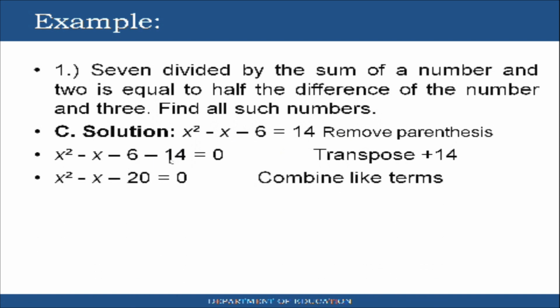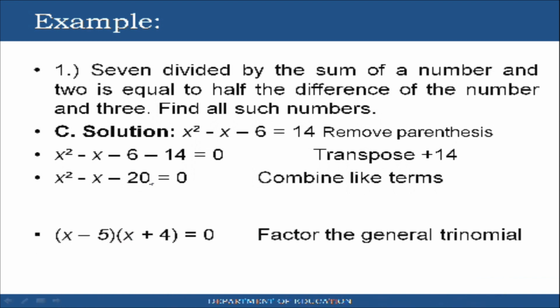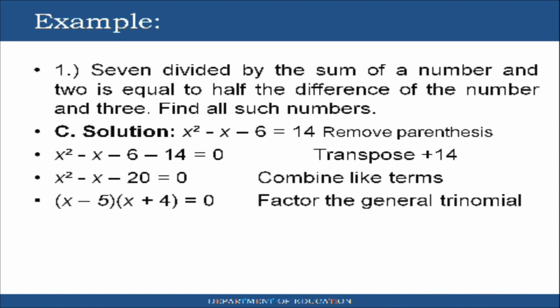And after that, combine like terms. So we have x squared minus x minus 6 minus 14. So we combine negative 6 and negative 14. So it will be negative 20. And then after that, factor. Since it's a general trinomial where a is equal to 1, we'll factor x squared by x times x and 20 by 5 times 4.